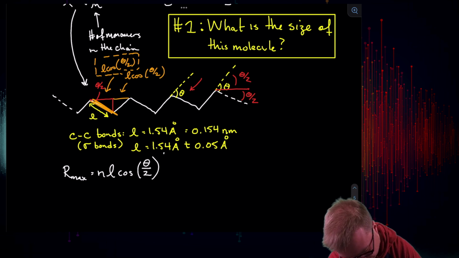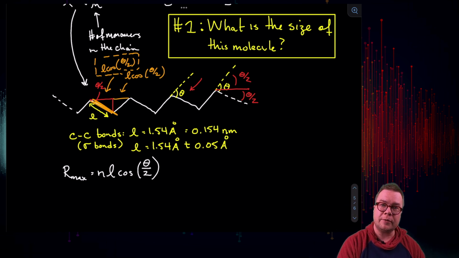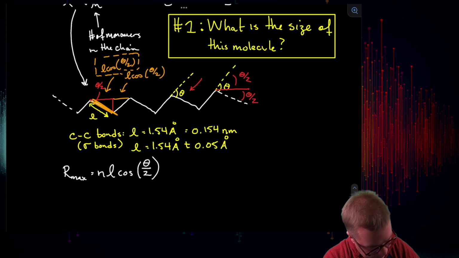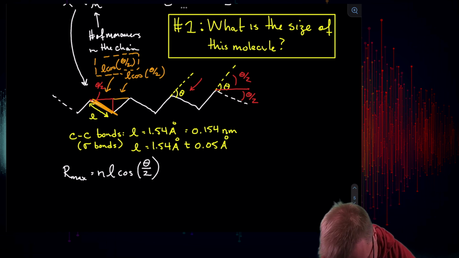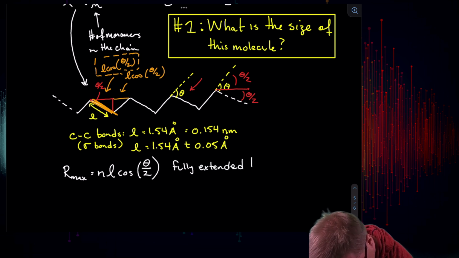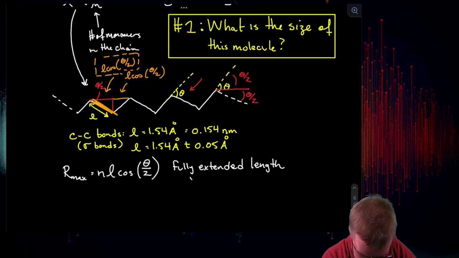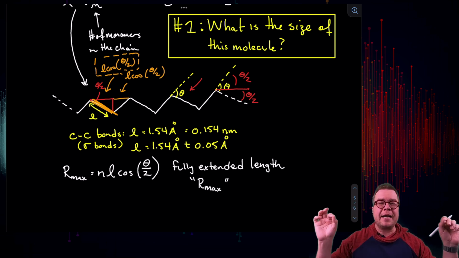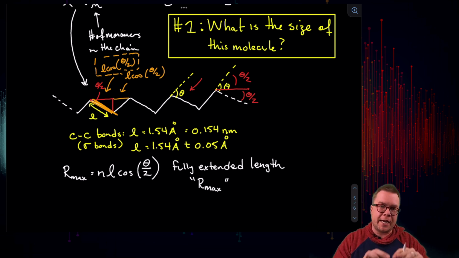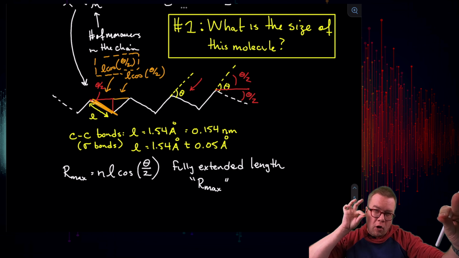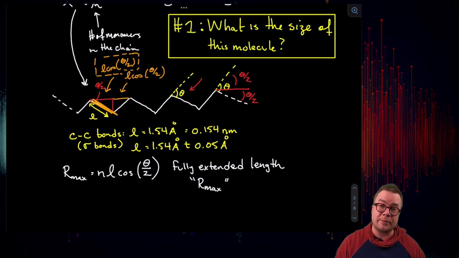Okay, so this is the first really major expression that we have for the size of the polymer chain. And what we call this is its fully extended length. Or you'll typically just hear me call it Rmax. It's the maximum length that you can have for the polymer chain. You pull the polymer chain out all the way until it's completely taut, and that's its length. That's the maximum length you can have.